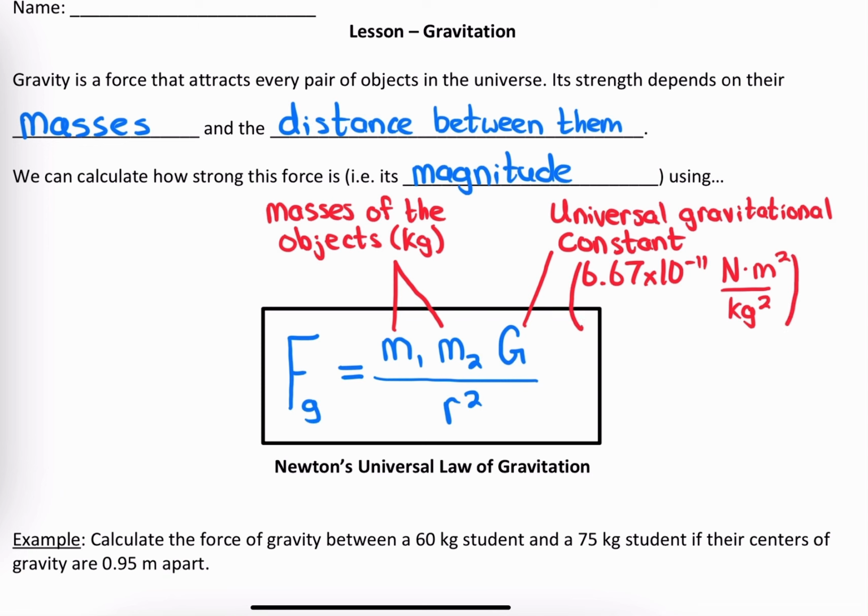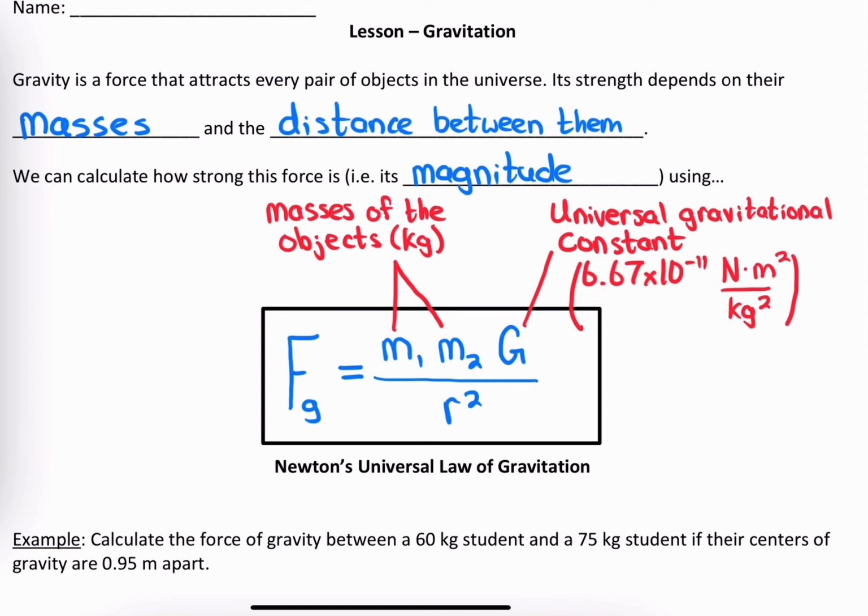So big G is a really small number. That number K I was talking about for electrostatic forces, that's actually a really big number. It's 9 times 10 to the 9. So what that tells us is that gravity is actually a very, very weak force because its constant is a really, really small number.